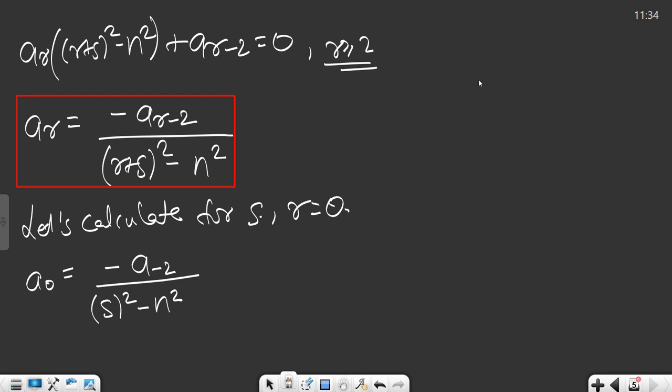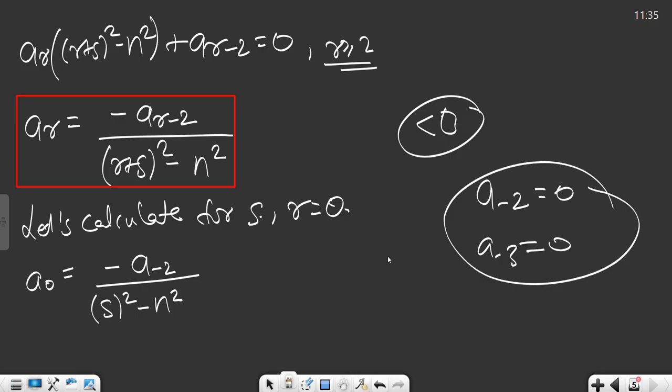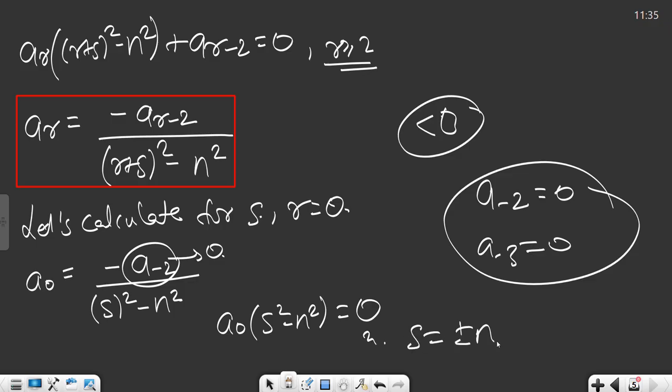As I told you, we are talking about greater than or equal to 0, so we don't talk about less than 0. If you have a sub minus 2 or a sub minus 3 or anything less than 0, that is always 0 for our case. So this thing is 0. So a naught times s squared minus n squared equals 0, and that basically says s equals plus or minus n.